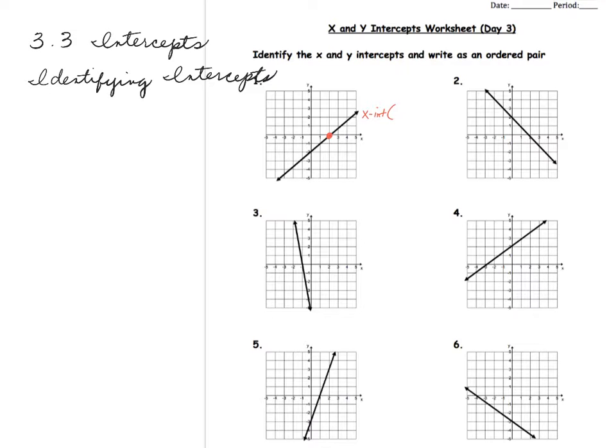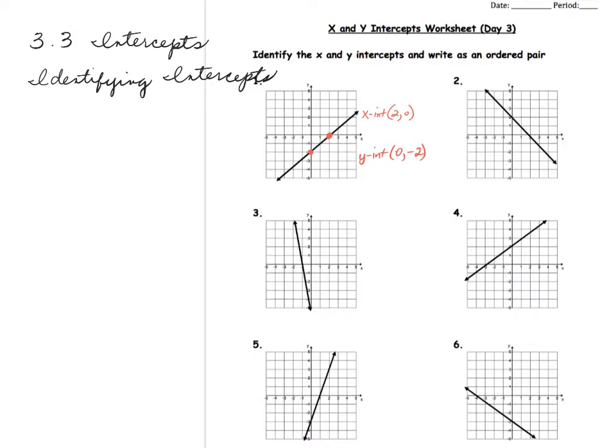What do we call that point? (2, 0). That is the x-intercept. We have identified it. Now, the same line also crosses or touches the y-axis. Where does it touch the y-axis? Right here. So the y-intercept is the point (0, -2).